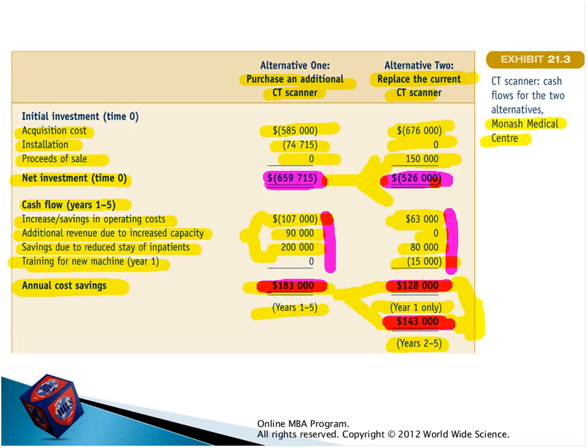And as well, it needs no installation cost, for example, or to train new staff, which we need for the first project, like installation costs, or some additional place to place the additional CT scanner.